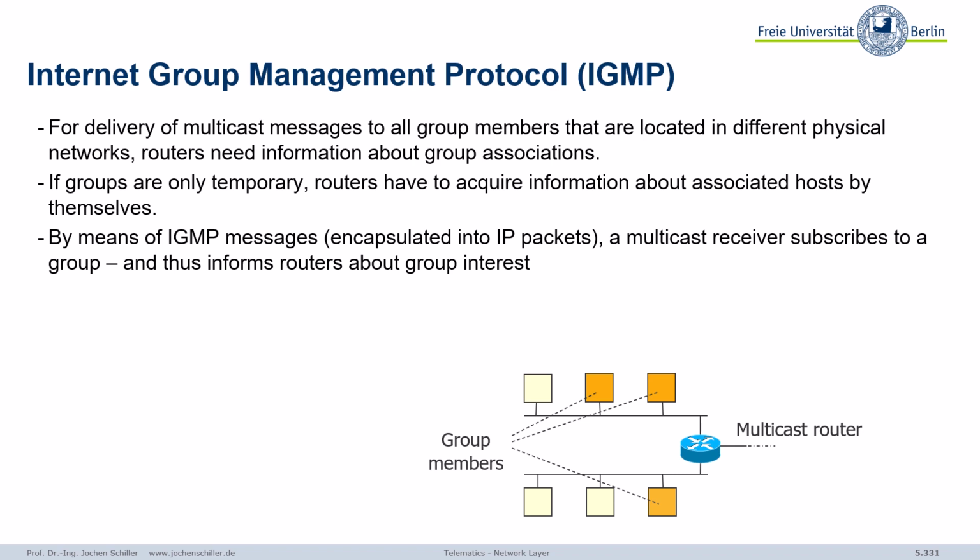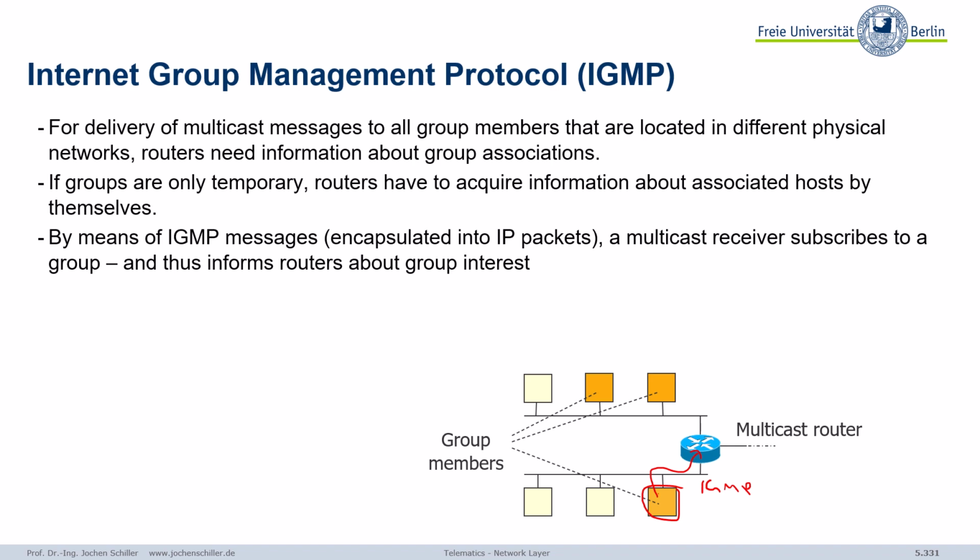A multicast receiver, one of these hosts in the local area network, subscribes to a group, and this informs the router about the interest. So if you want to receive something, assume you are not a member, then you send this IGMP message, and this informs the router that this host wants to participate.